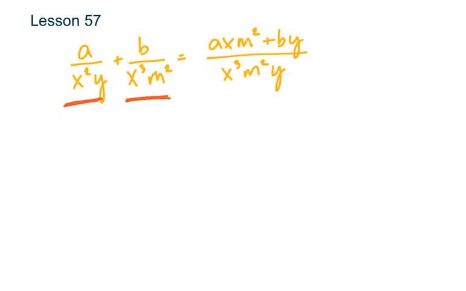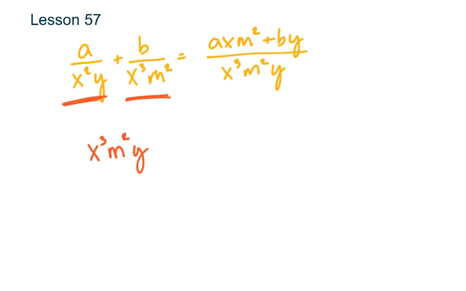And the common denominator would be x cubed m squared y, because we want to look at both of these and make sure we're accounting for every variable in there, and then also accounting for it the most times it appears anywhere. So for our x's, because they both have an x, one is an x squared and one is an x cubed, we have to do the number of times of the greatest one.